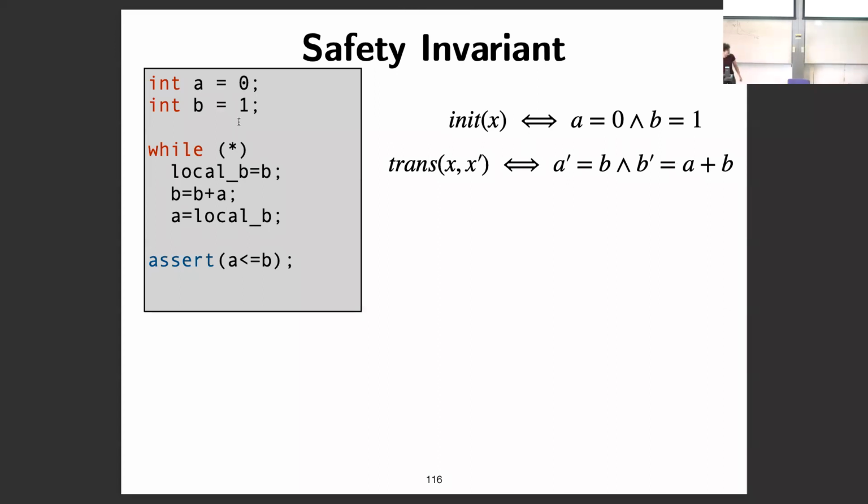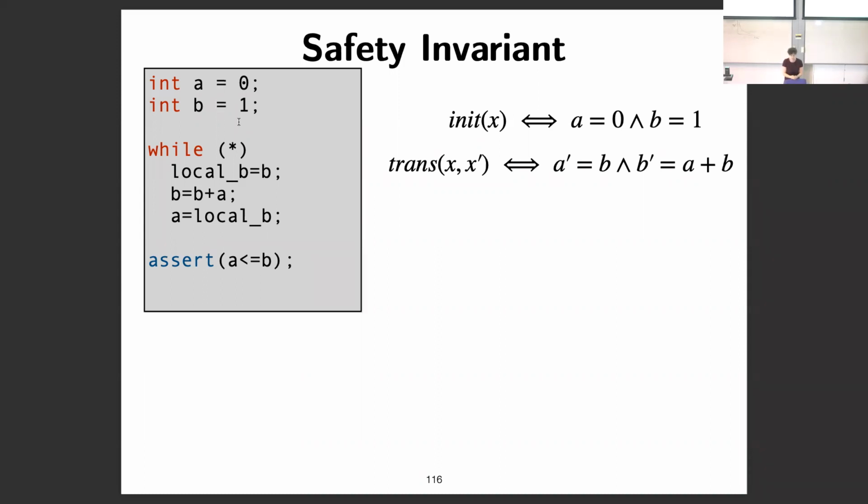So let's talk about synthesis. If I wanted to verify that this program on the left never violates this assertion, I'm not going to be able to do this with CBMC, because I don't know how far this unwinds.